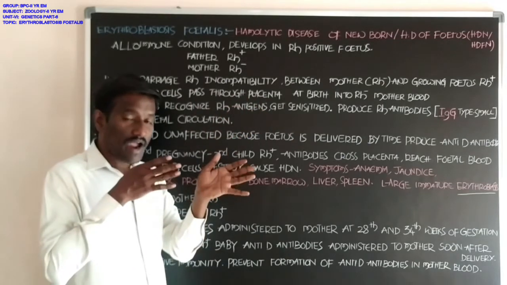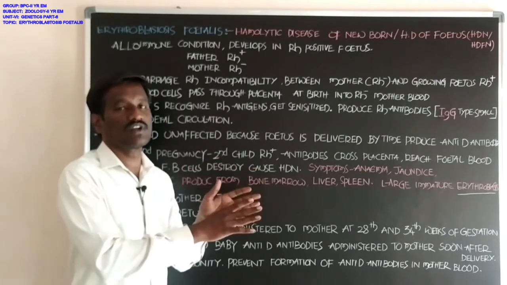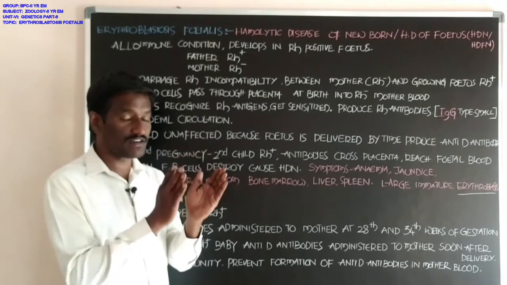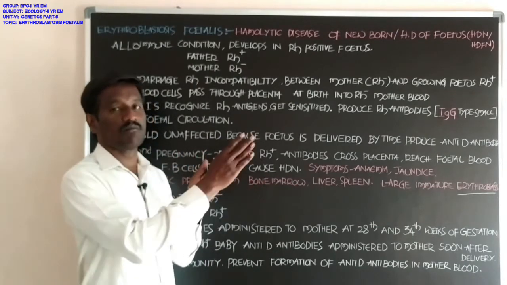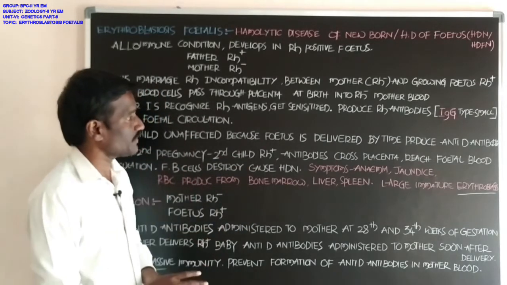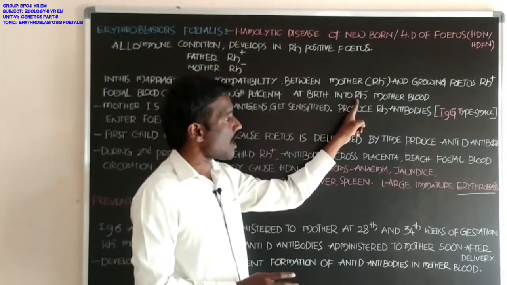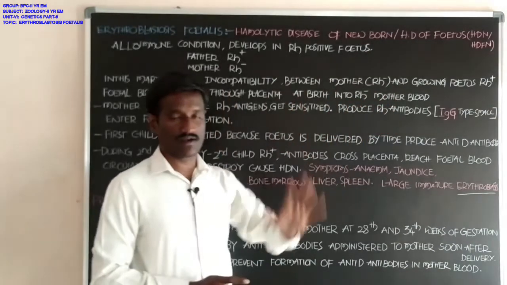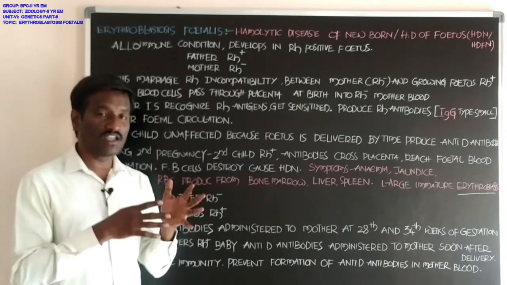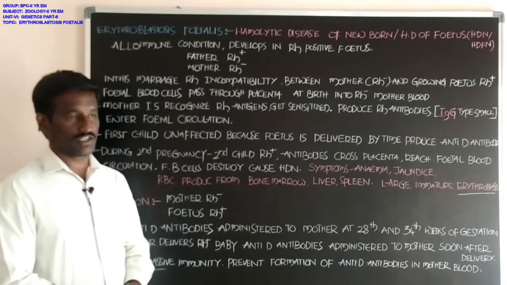The placenta is the barrier between the pregnant mother and the developing fetus. Fetal red blood cells pass through the placental barrier and enter the maternal blood circulation, into the Rh negative mother's blood, at the time of birth. Students, only at the time of birth do the fetal blood cells enter the maternal circulation.